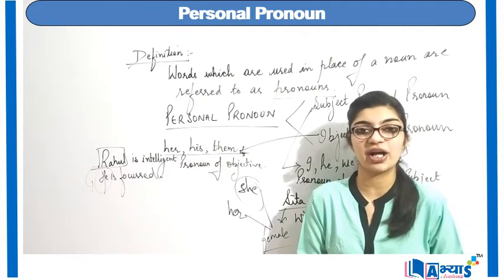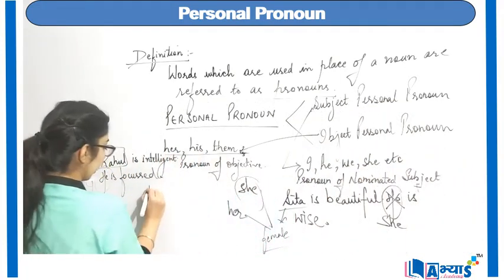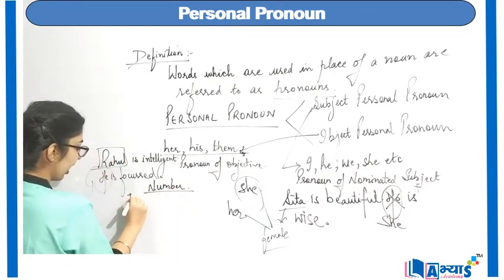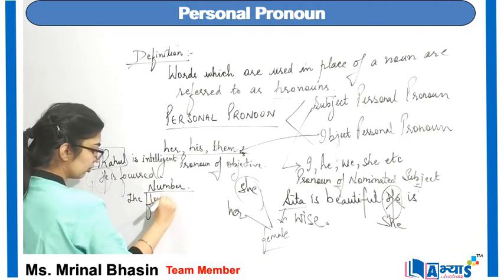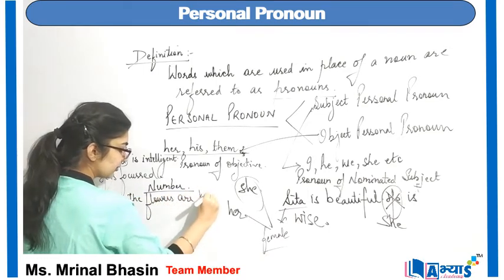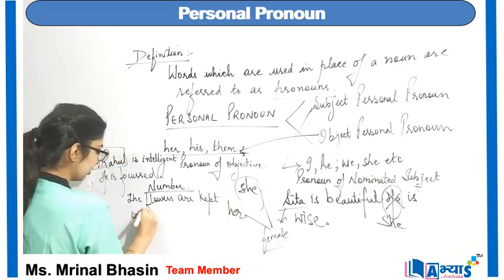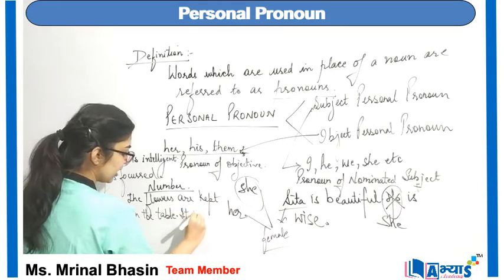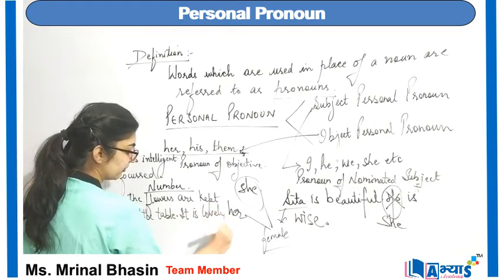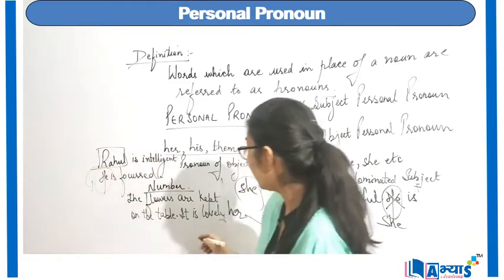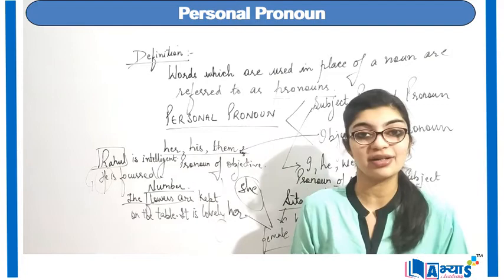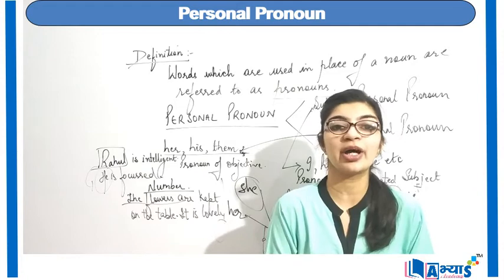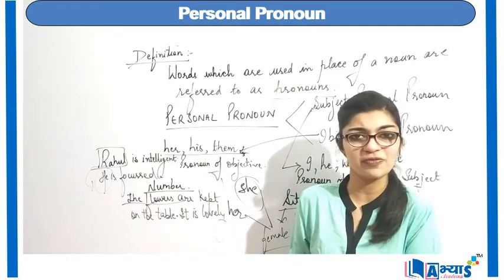Then again, this was usage of pronouns in the form of gender. Next is usage of pronoun in form of number. Now in form of number means, the flowers are kept on the table. It is lovely. Now here I am referring to the flowers. That is not a single flower, but it is more than one flower, right? It can either be a bunch of flowers or a bouquet of flowers.